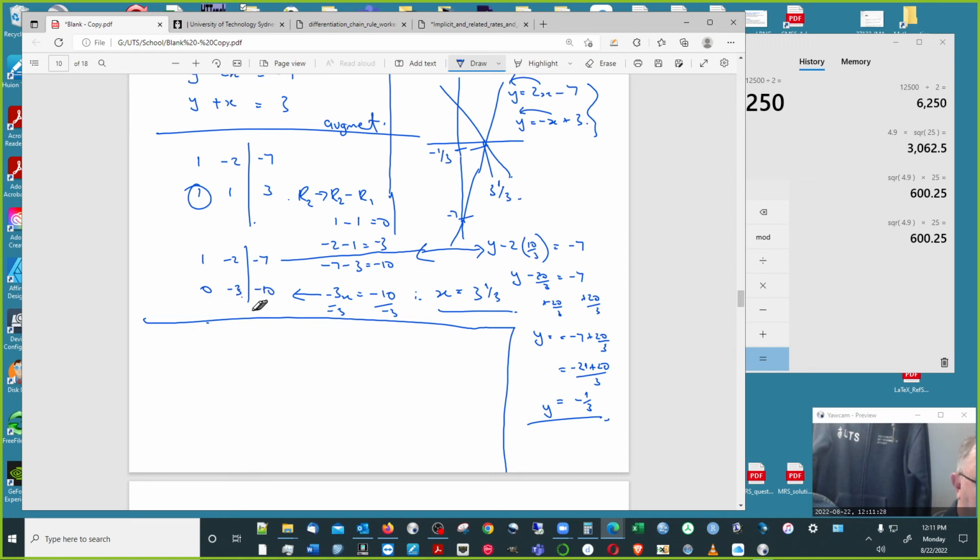In order to make that a 1, row 2 would become row 2 divided by negative 3. We won't change the top one. 0 divided by negative 3 is still 0. Negative 3 divided by negative 3 becomes a 1. And negative 10 divided by negative 3 is 10 on 3.